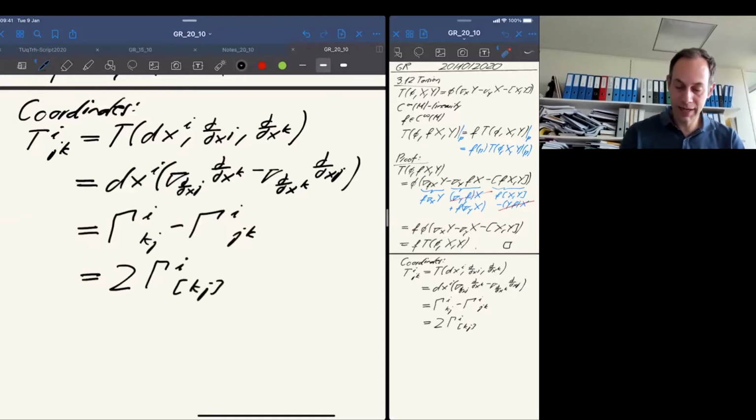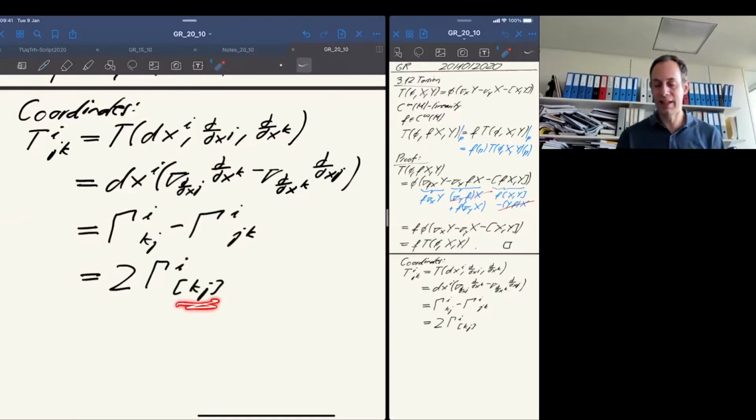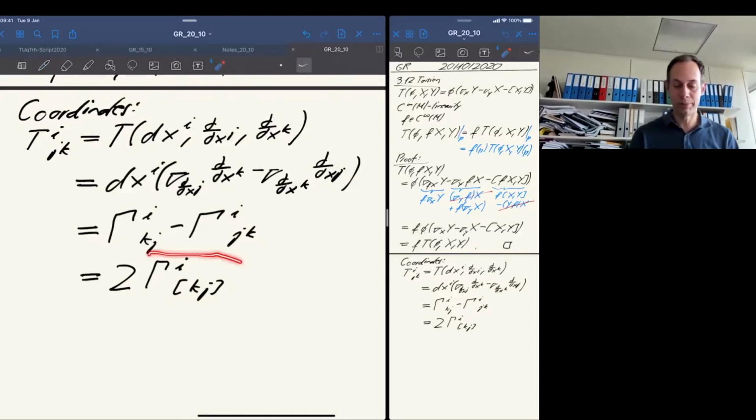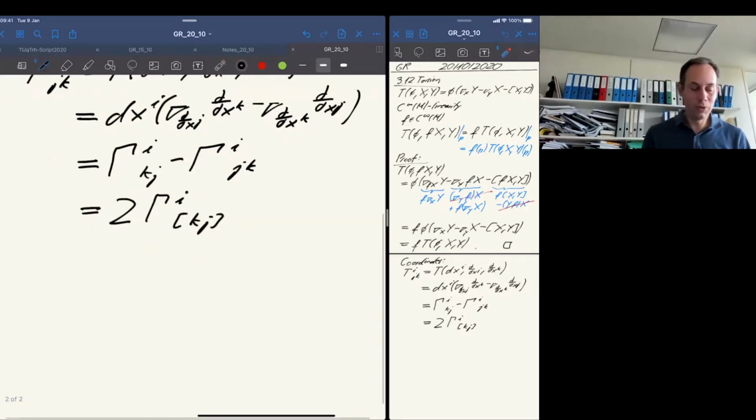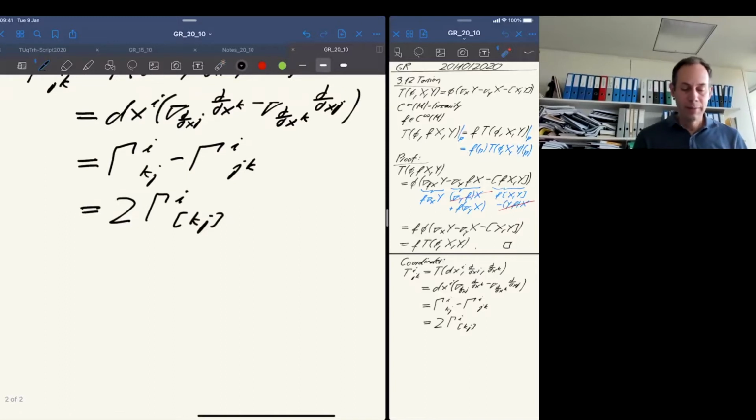So this little bracket here means exactly that you once write down the term in the order kj, and then in the opposite order with the minus sign, and divide by the number of terms. But because I don't want to have this division, I have to multiply again with 2 to end up with this. So that's something you should already have seen more or less in the exercises.